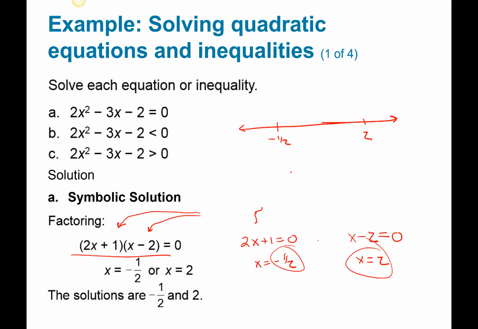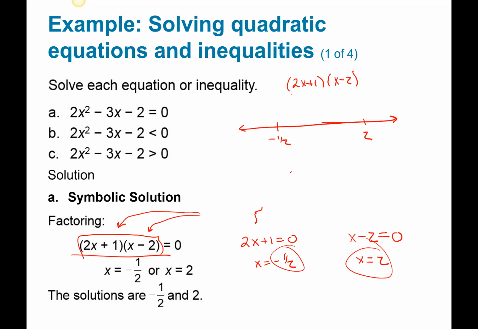Those are where it equals 0. What you can do then is, you see how we have this factored? We have this 2x plus 1 times the x minus 2. At negative 1/2 and at 2, it equals 0.